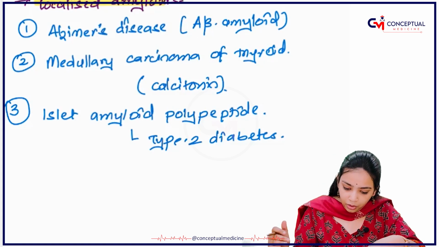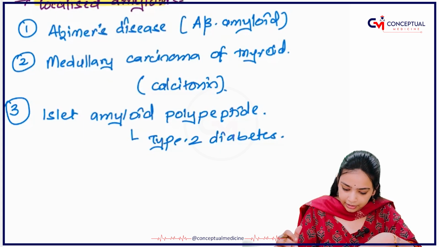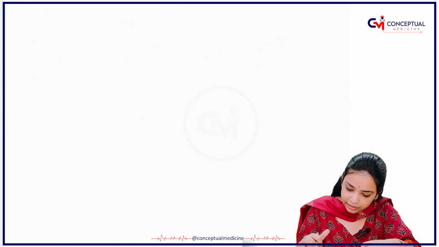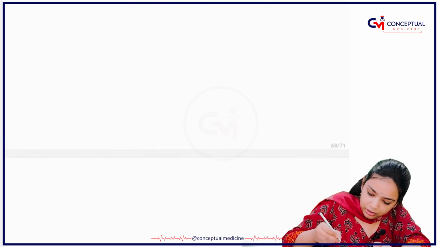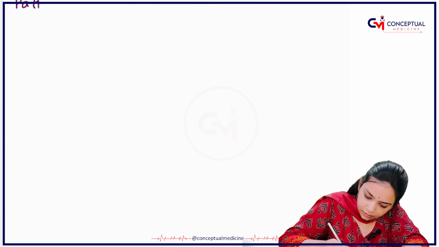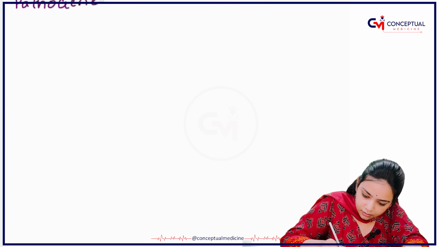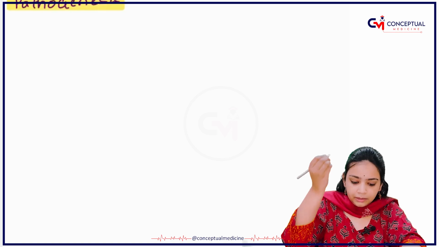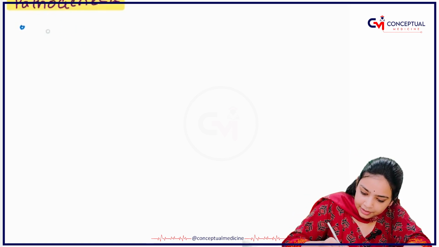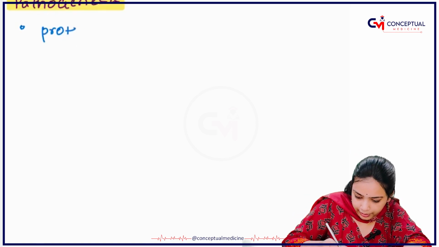Now, we have talked about the types of amyloids, right? Now, it's time for us to talk about the pathogenesis, I guess, right? Pathogenesis. Now, in the pathogenesis, what first happens is protein misfolding.